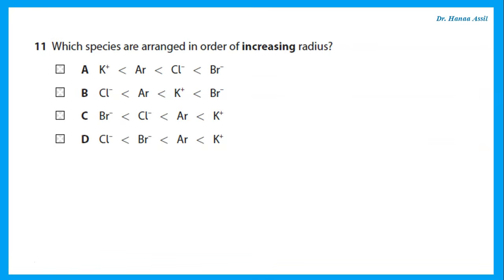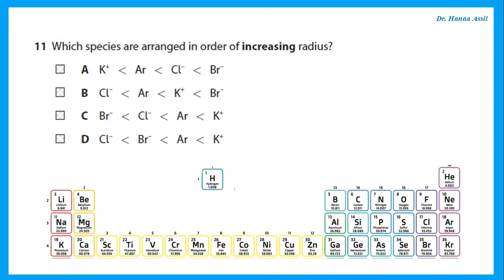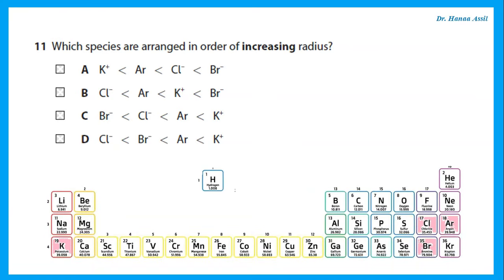Okay, which species are arranged in order of increasing radius? That means we need to start with the smallest and go increasing radius. Well, let's take a look at the choices that we have. We have choices of potassium, K+, argon, Cl-, and Br-. This is what we're trying to compare. Of course, looking at all of these, it's obvious that bromine should be the biggest radius.